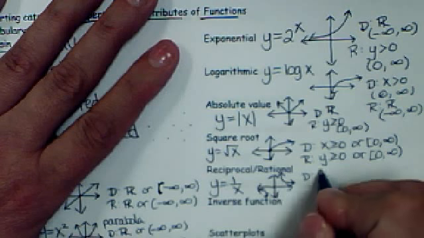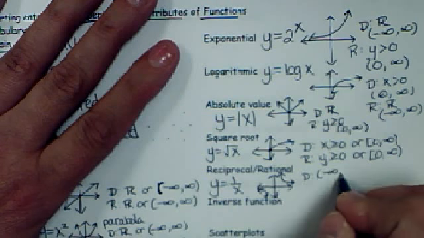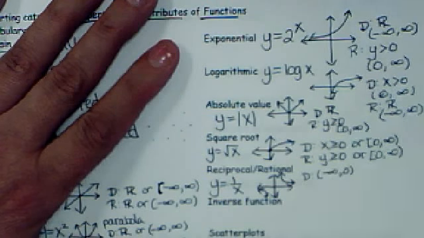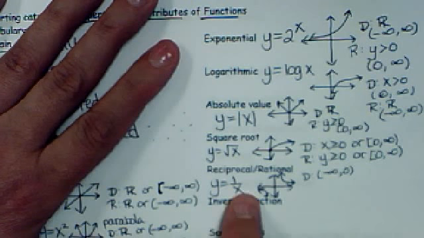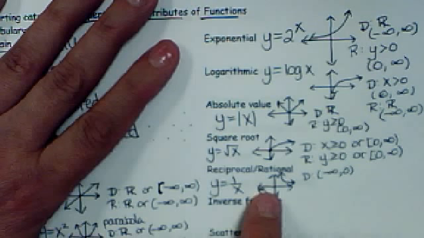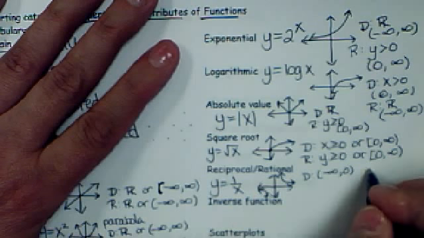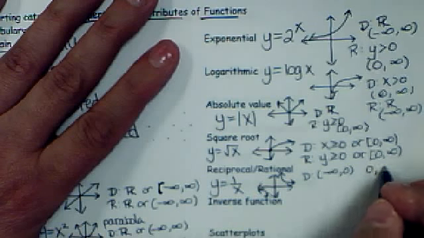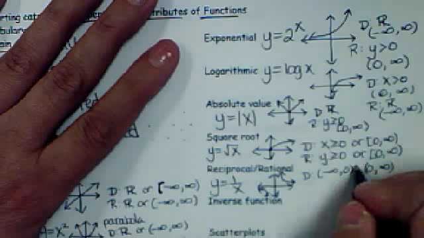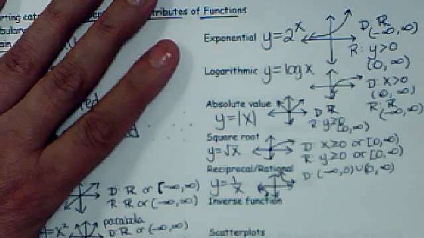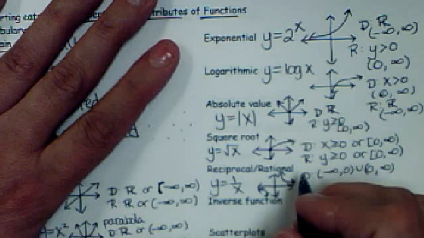It goes from negative infinity to 0, and both of those have a parenthesis. That is this left part, from negative infinity to 0. The right part goes from 0 to infinity, with both getting parentheses. And in the middle, I'm going to put a U, and that U stands for union.